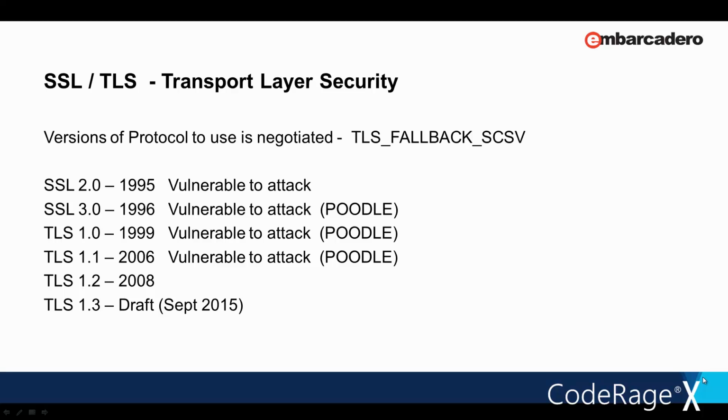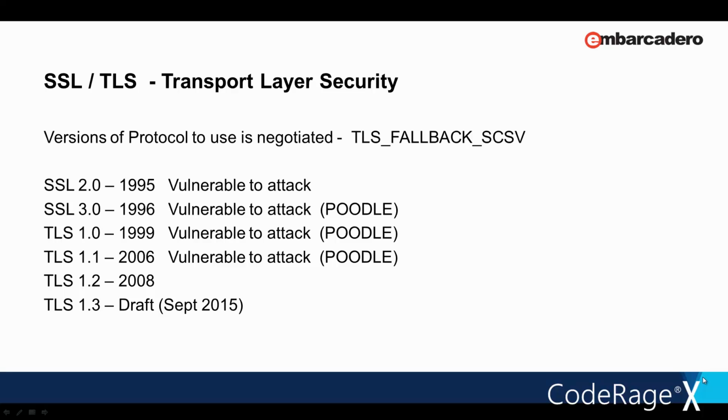And SSL 3.0, within about a year, was exploitable by Poodle, and it is also recommended not to be used. TLS 1.0 and 1.1, a little less than a year ago, were found to be also exploitable by Poodle.